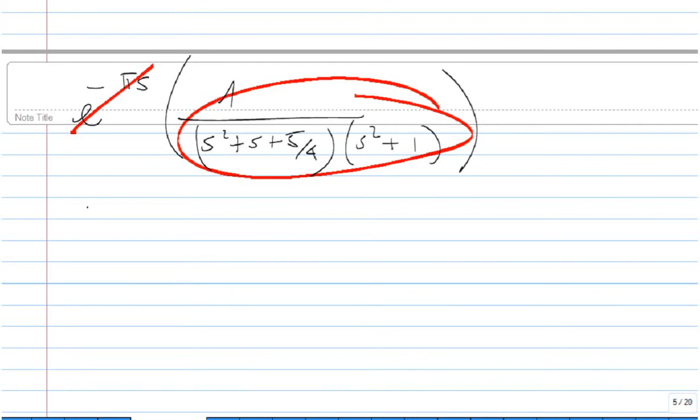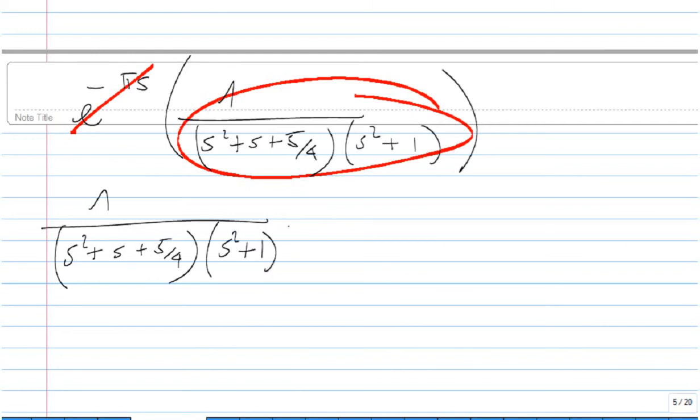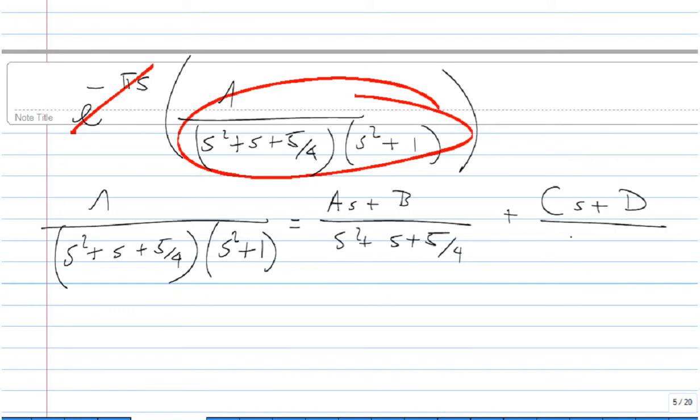So let us focus on s squared plus s plus 5/4 times s squared plus 1. Using the partial decomposition technique, this will give me as plus b over s squared plus s plus 5/4, plus cs plus d over s squared plus 1, okay?